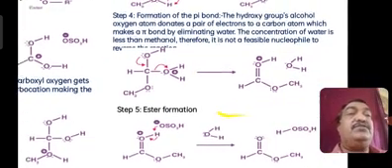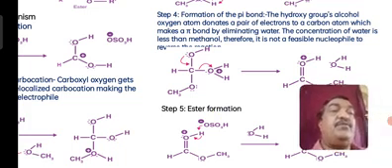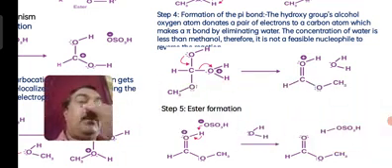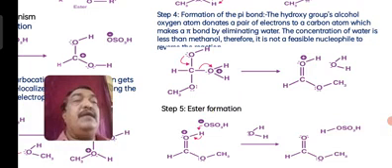In the fourth step, there is elimination. The water molecule is eliminated, and the lone pair of electrons from the oxygen shifts to form the C double bond O plus H, with OCH3, and water is eliminated.